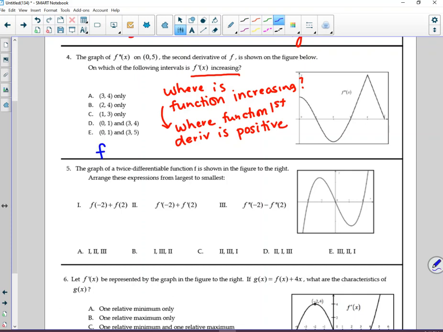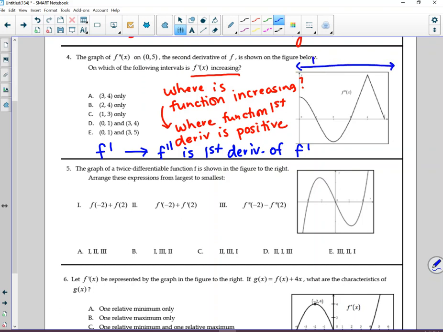If f prime is the function, f double prime is the first derivative of f prime. I know it's a little weird because it's got a lot of letters, we've got the different notations, but basically if I want to know what f prime is doing, f double prime is acting as the first derivative. So what do I see?